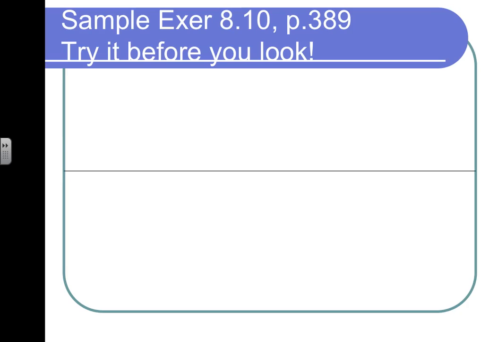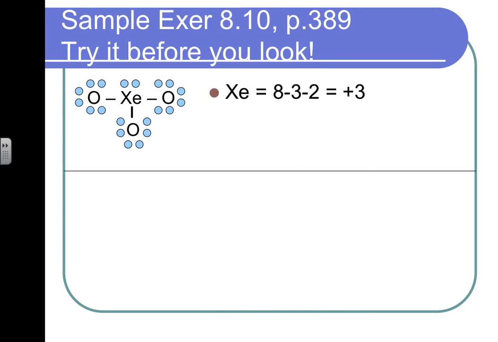Okay, so here's the answer that you should have come up with. Maybe something like this, right? Because if you do your regular old octet rule, this fulfills everybody's octet. Everybody's really happy, right? But let's try something. Let's do formal charges.